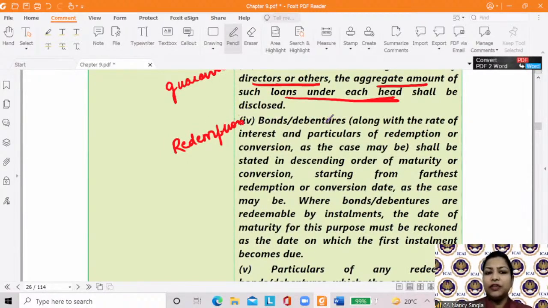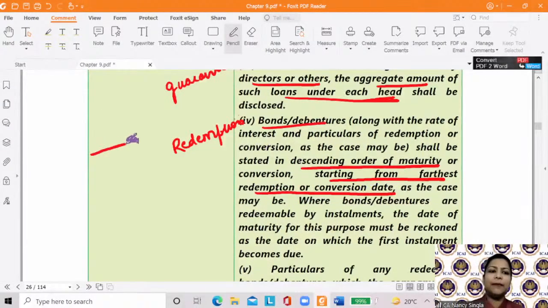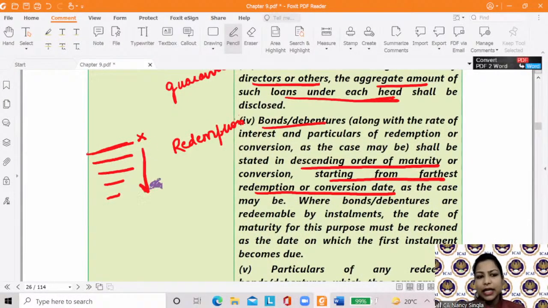So if any of the bonds or debentures are to be redeemed, or they are to be converted, the organization needs to show that in the descending order of maturity, starting from the farthest redemption or conversion date. What is meant by that? जो सबसे बाद में farthest date, सबसे late वाली date है, उस दिन कौन सा redeem हो रहा है, then उसके पास वाली date, then उससे nearer, and then the nearest, descending order.